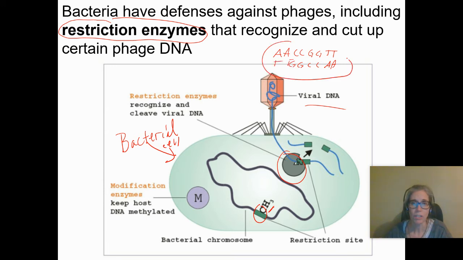Anyway, if it recognizes this particular site, maybe it cuts it between the C's, it's going to cut that viral DNA, and that will save the bacteria so it can live another day, because it kills the viral DNA once it's inside, or maybe the viral RNA, whichever it is. So these restriction enzymes are really cool because they're something that the bacteria uses to save itself, to kill viruses, but it's also something that scientists can use, which is kind of cool.